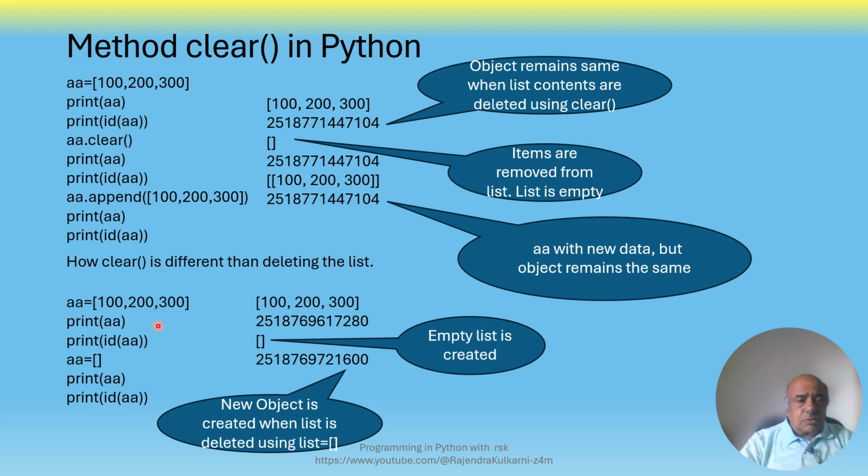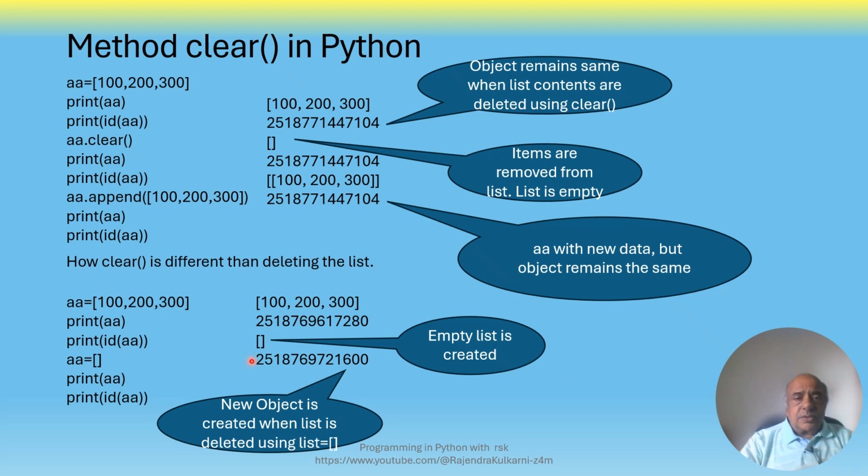Previously, when A was populated with certain items, the object ID was 17280 and the list ID was 17280. After clearing the list, a new empty list is created to which A starts referring, and now A is a new object with ID 1600, as we can see here.